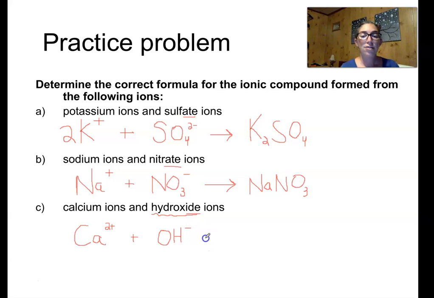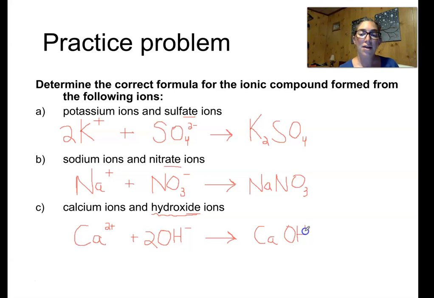If we were making a compound from these 2, for every 1 calcium ion, we need to have 2 hydroxide ions because it has a 1- charge. So we need 2 of these to combine with 1 of these. So we've got 1 calcium, and we're going to have 2 hydroxides.